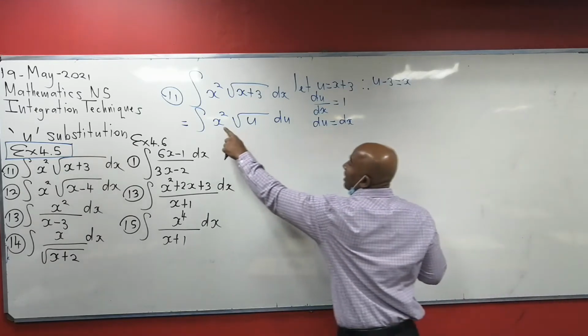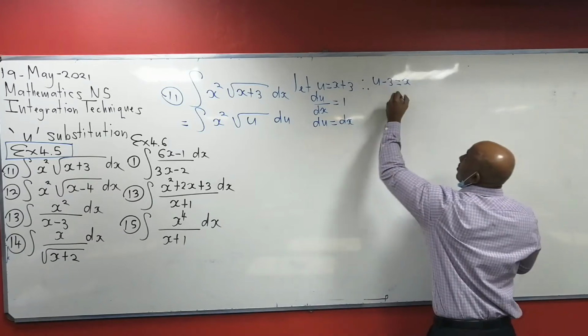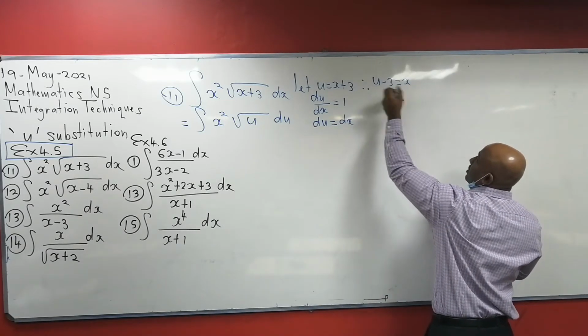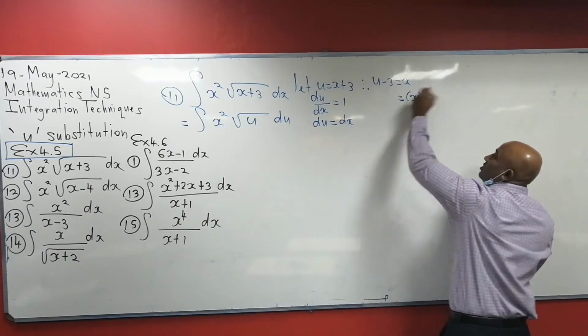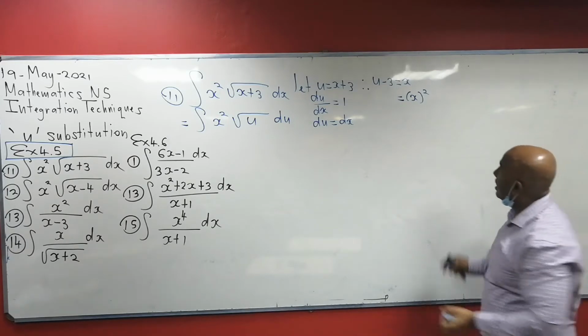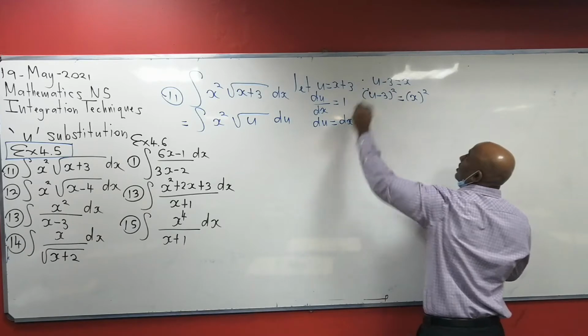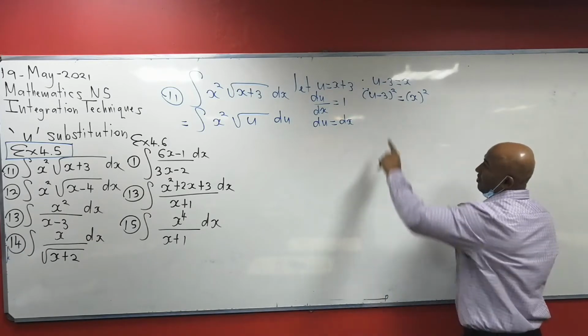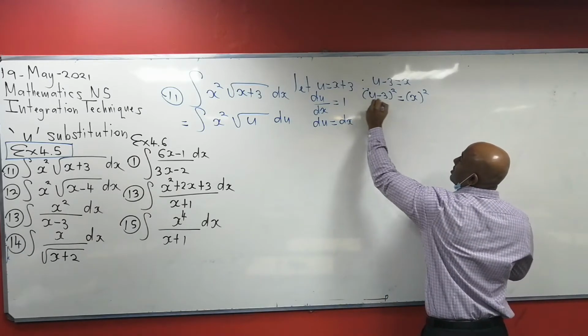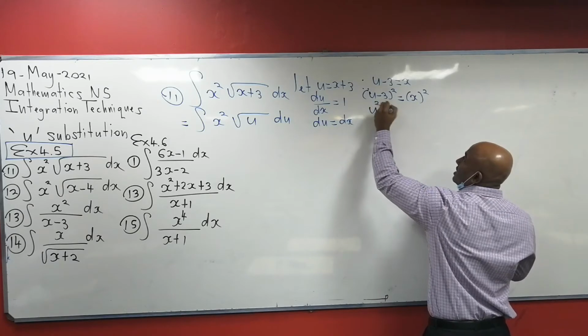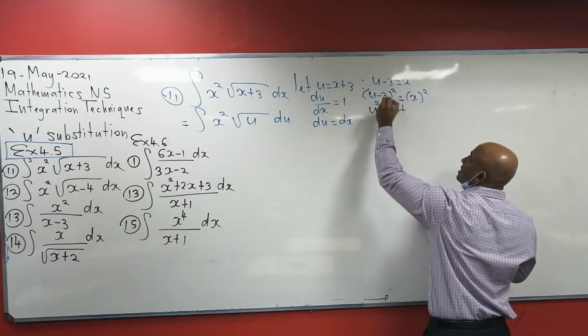And this is x squared. So if u minus 3 is equal to x, I want x squared, so I will square both sides. So now I got x squared is equal to u minus 3 all squared. So if I square it, it's going to be u squared minus 6u plus 3 squared.